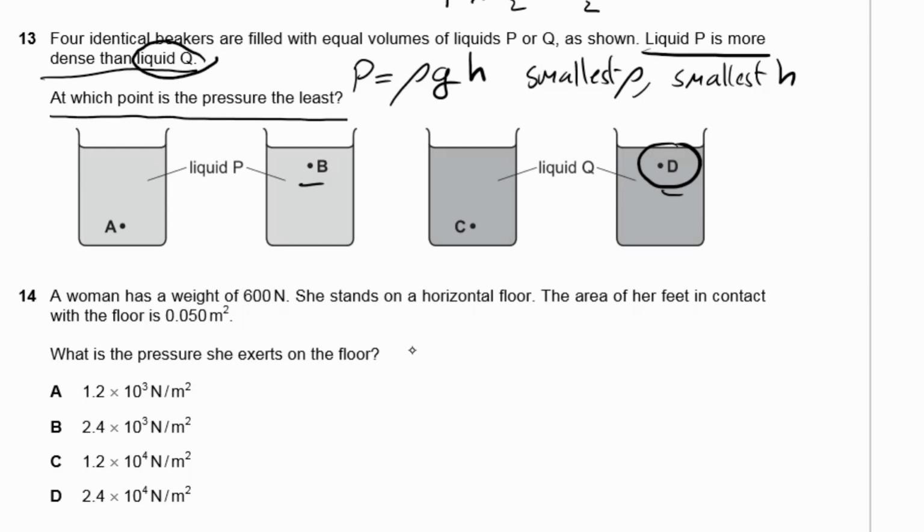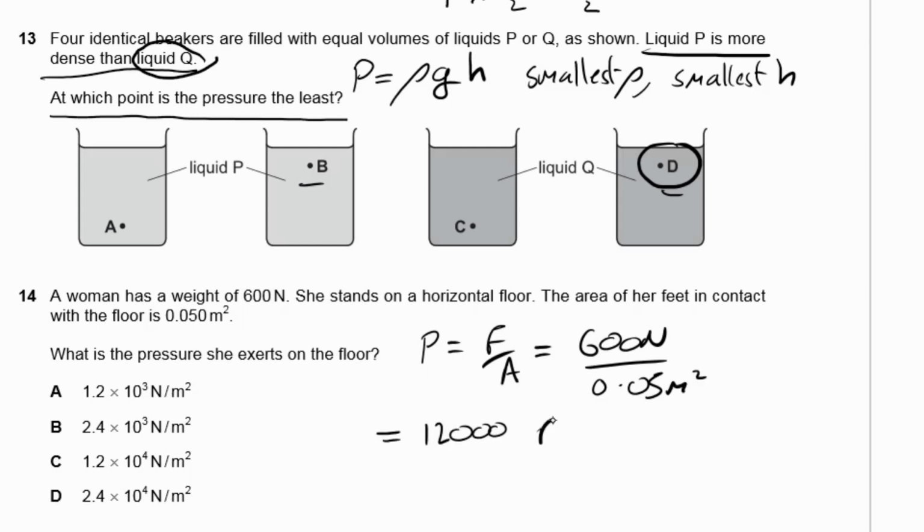Question 14. A woman with a weight of 600 newtons stands on a horizontal floor. The area of her feet in contact with the floor is 0.05 meters squared. What is the pressure she exerts on the floor? Well, nice and easy. Pressure equals force over area, which in this case is 600 newtons divided by 0.05 meters squared, which will give us a value of about 12,000 pascals.